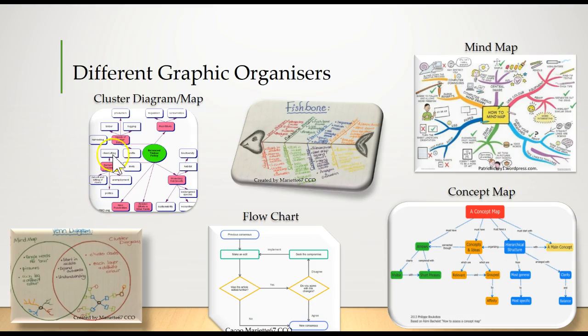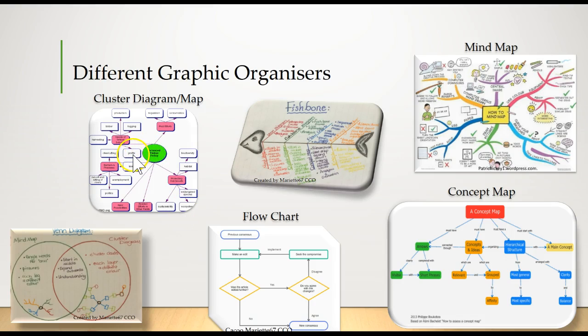So you can see there's a sort of hierarchy, and that color is used, and that it starts from the center moving outwards. So most important on the inside, least important on the outside, and everything is in little clouds or blocks.